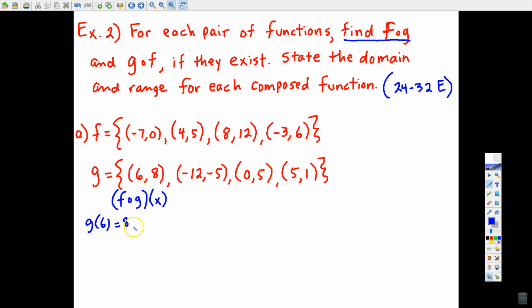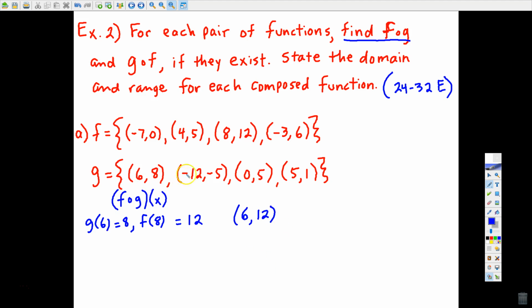Well, composite functions say the output from this inside function becomes the input for the outside function. So now I'm going to evaluate f of 8. And I go up to the f function and I notice there is an input of 8 and it produces an output of 12. So the composed function that results, my original input of 6, gave me an ultimate final output of 12.